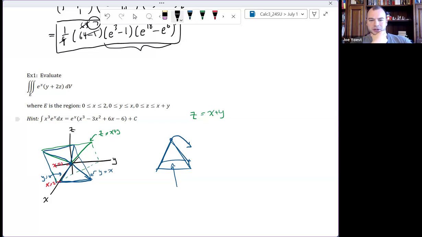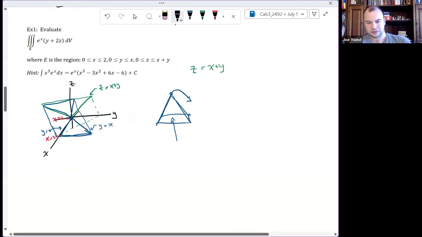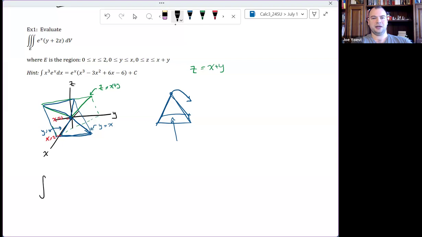Okay, so what do I want my bounds of integration to be? Well, nicely enough, this doesn't require a whole heck of a lot of thought. We just integrate, well, z depends on x and y depends on x, and x doesn't depend on anything.